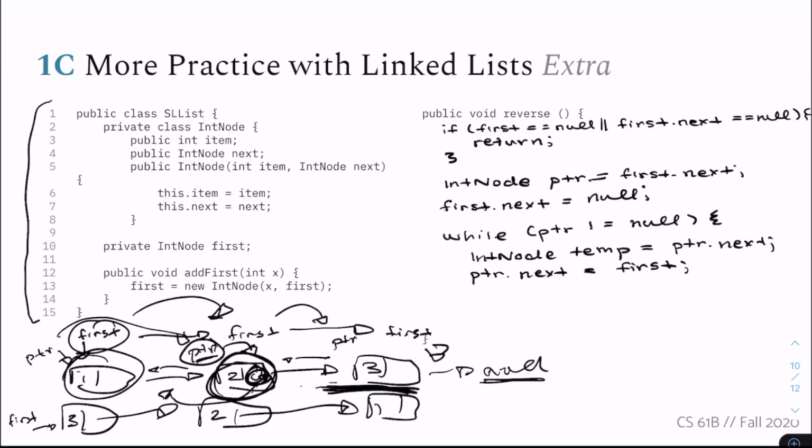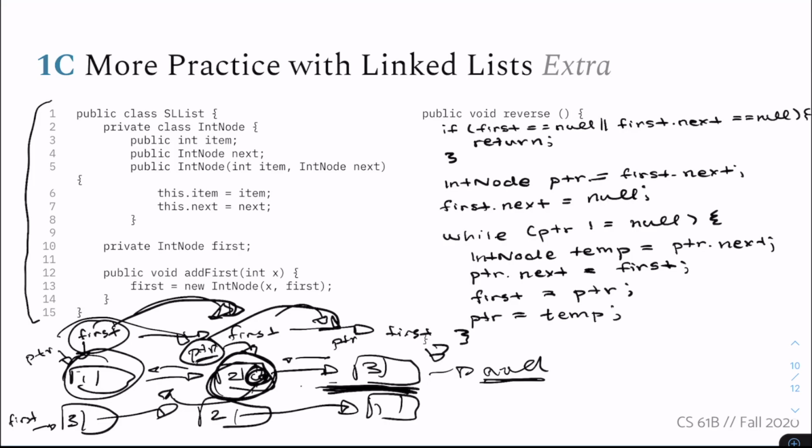And then of course now we have to increment both of our pointers. So first has to move down one and pointer has to move down one. So we can set first equal to what pointer currently is. And we can set pointer equal to what temp currently is.